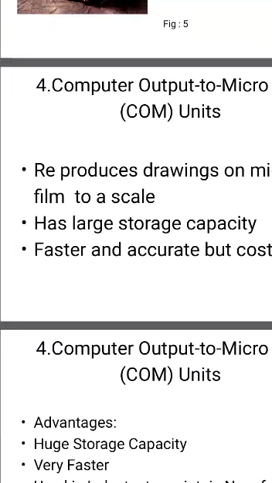These are all the advantages. So what is a COM? This electronic device does not produce drawings on sheets. Instead, the unit reproduces the drawings on microfilm. Whatever drawings are there, it reproduces into microfilm.